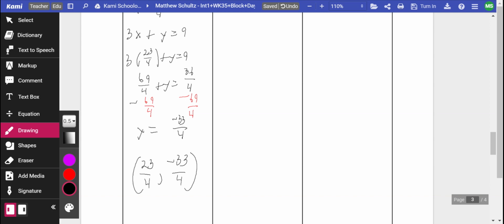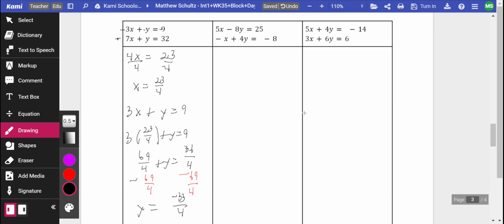Let's go on. This next one right here, it says 5x minus 8y. Well, I'm going to want to multiply the bottom equation by either 5 or by 2. If I multiply it by 2, I'll get negative 2x plus 8y is equal to negative 16.